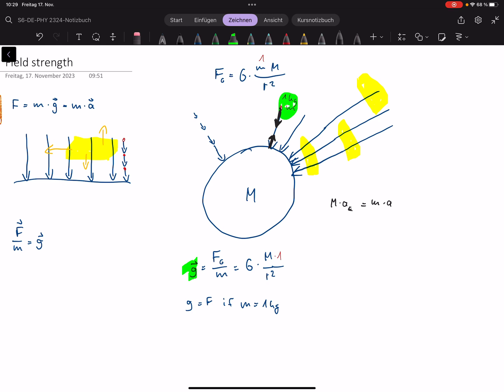Now, if we say that this is 1 and this is, for example, 10, because we know that g is 10, and the mass of the Earth is 10 to the power of 24, then the acceleration would be 10 to the power of minus 23. And this is so small that the Earth is not really accelerating.